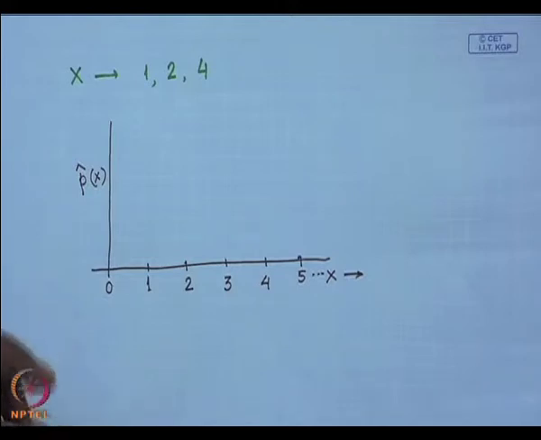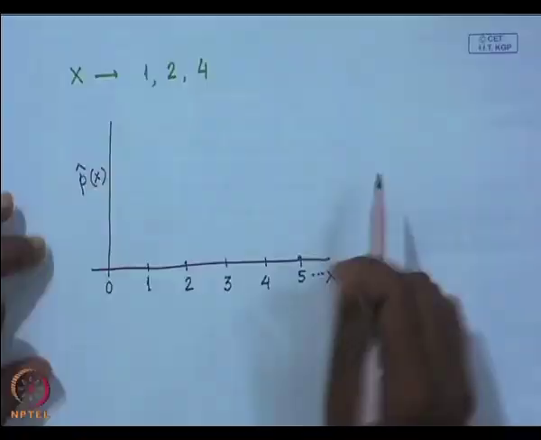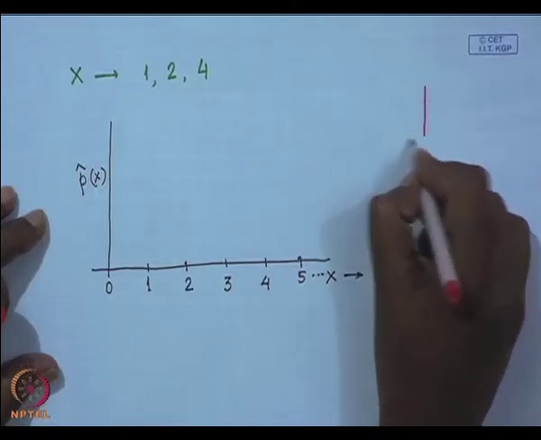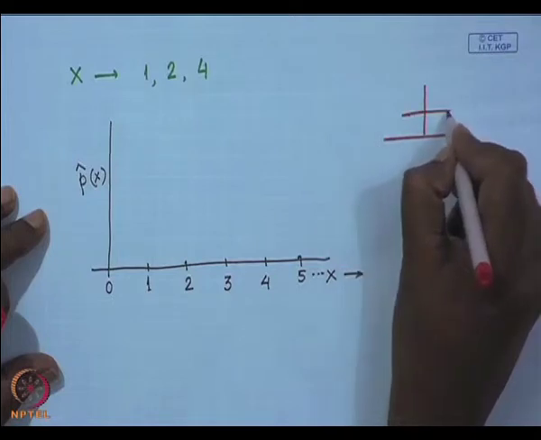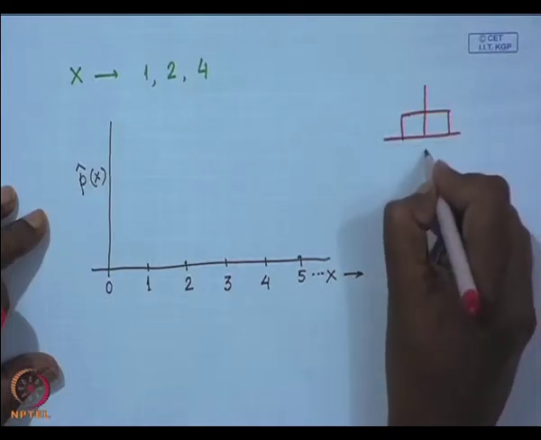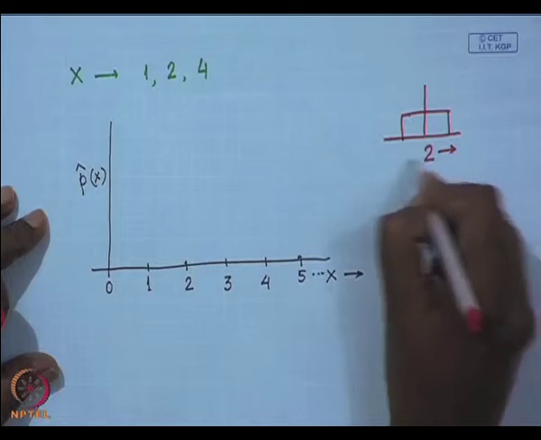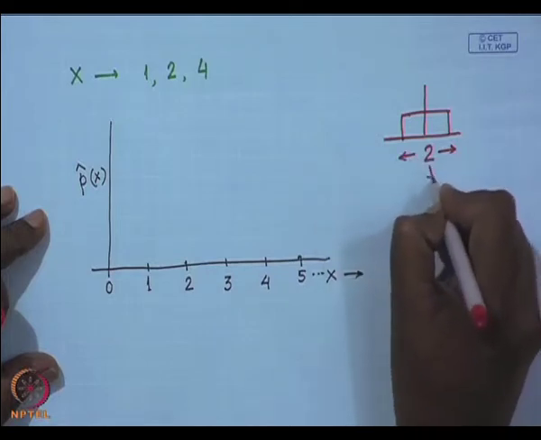And initially, I will use a rectangular window, and let me assume that the width of the rectangular window is equal to say 2. Okay. So, I use a rectangular window and the width of the rectangular window I assume to be 2. So, this is my width W.